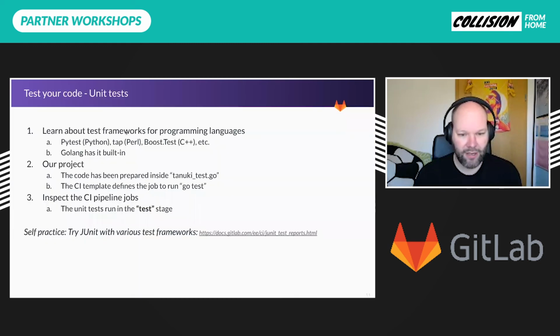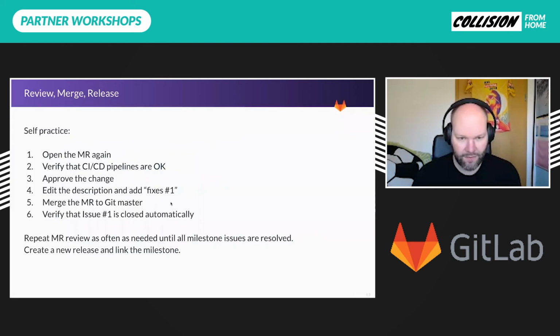Our jobs are still running. And the next thing is for self-practice, when you open up the MR, when it completes, you might want to auto-close the issue. So we've added the fixes #1 before. You can auto-close an issue. So when everyone approves the merge request, it gets merged back to master. And the issue gets auto-closed.